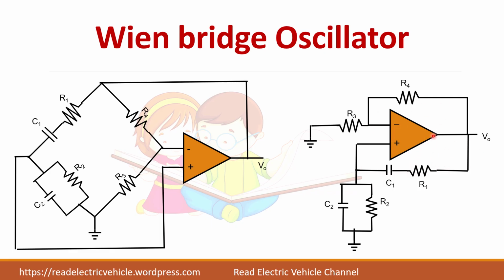So here you can observe certain things. Here, to the plus terminal, we are connecting the feedback. So the op-amp is in non-inverting mode. And this circuit consists of 4 resistors and 2 capacitors.